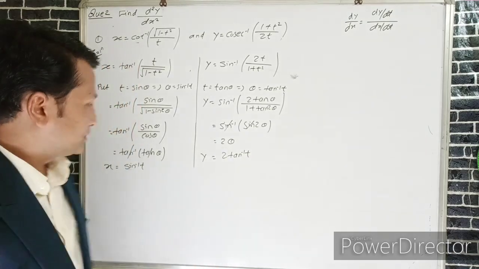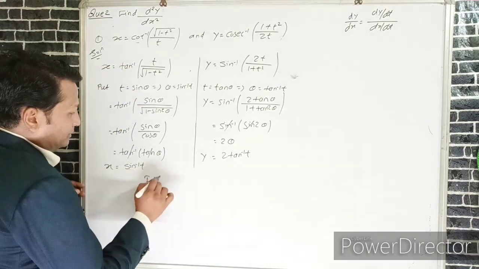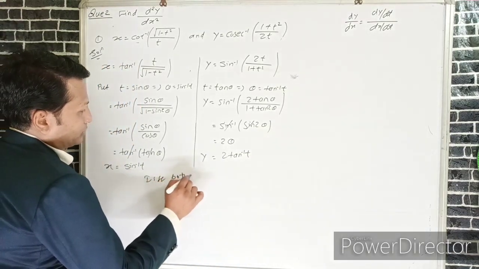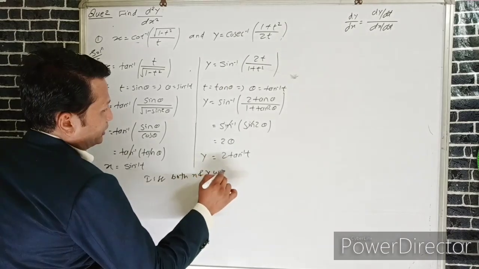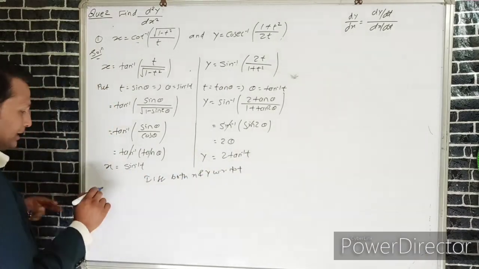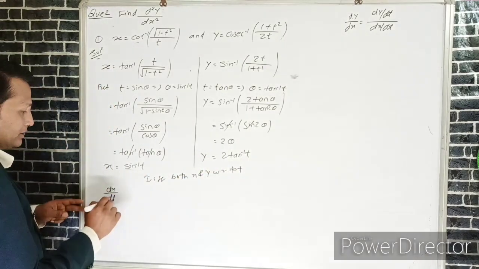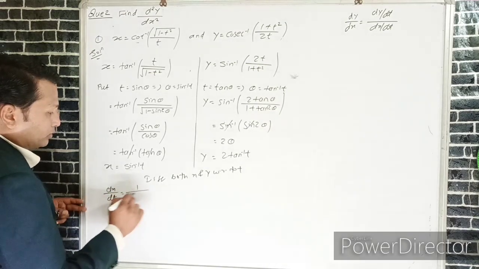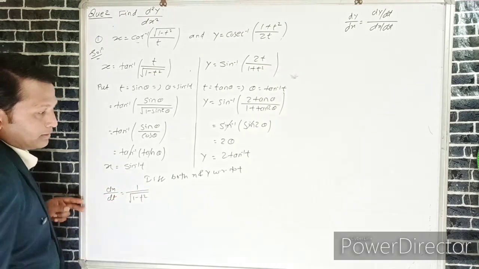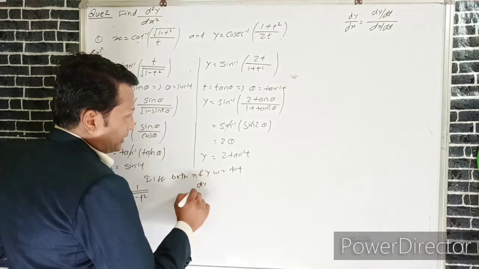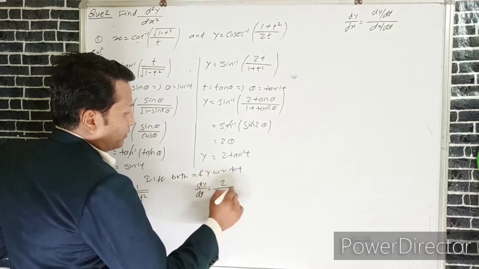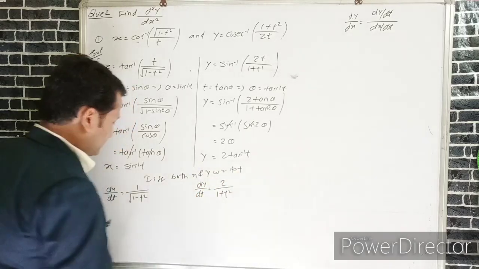2 tan inverse t. If we differentiate both x and y with respect to t, then we can write dx upon dt equals 1 upon under root of 1 minus t square, and dy upon dt equals 2 upon 1 plus t square.